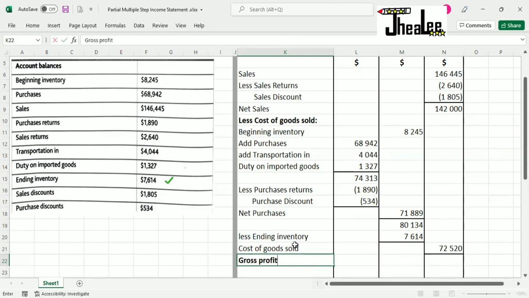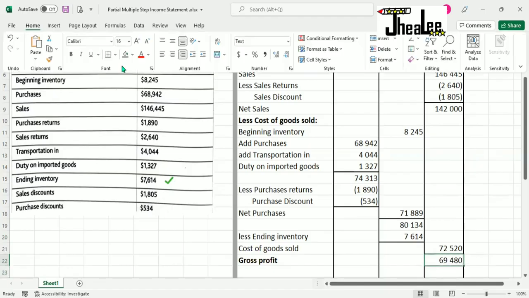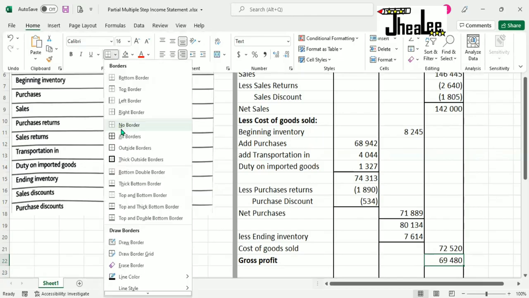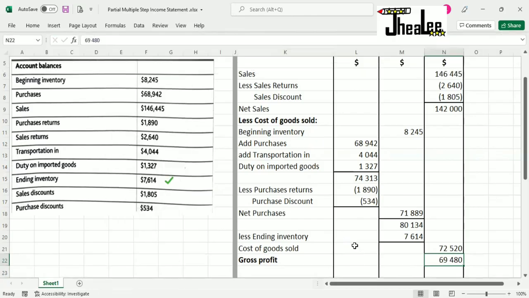So that's our gross income. And the value for this is $69,480. And basically, people, that takes us to the end of preparing the first section of the multiple step income statement, where our aim was to calculate the gross profit.